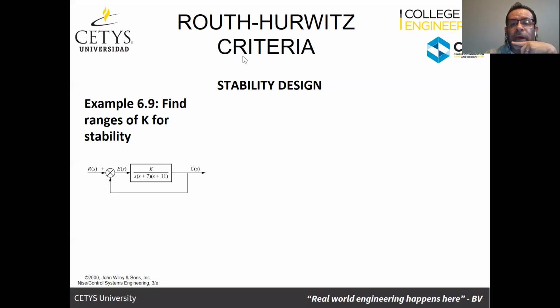So how do we do that? Well, we know that T of S, which is the complete transfer function of the system, is the output divided by the input.